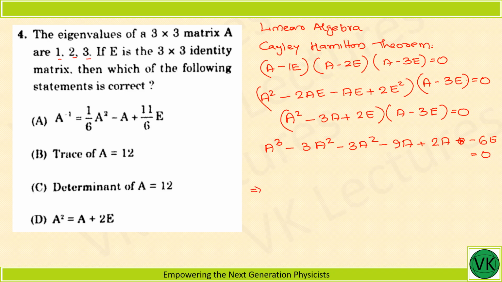Now let's again rearrange it. A cube minus 3A square minus 3A square, that is 6A squared, minus 7A... Okay, now we have minus 3A and minus 3, so that's plus, so that's plus 11A minus 6E, equal to 0.